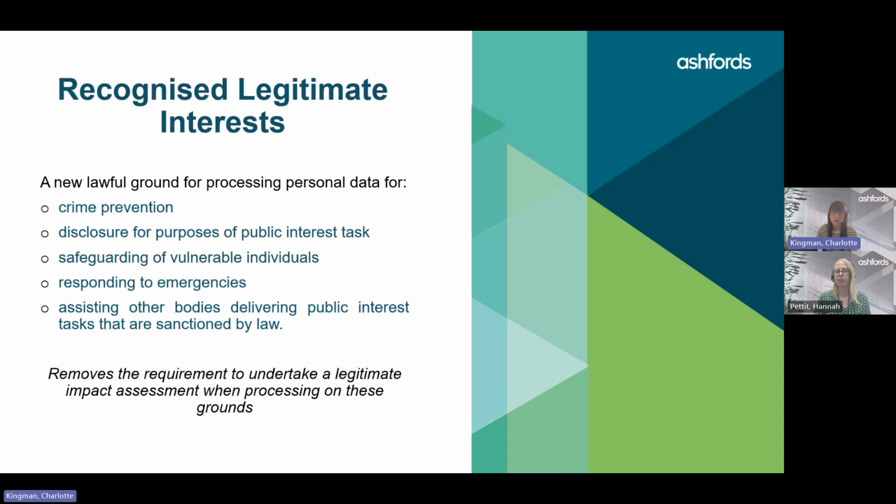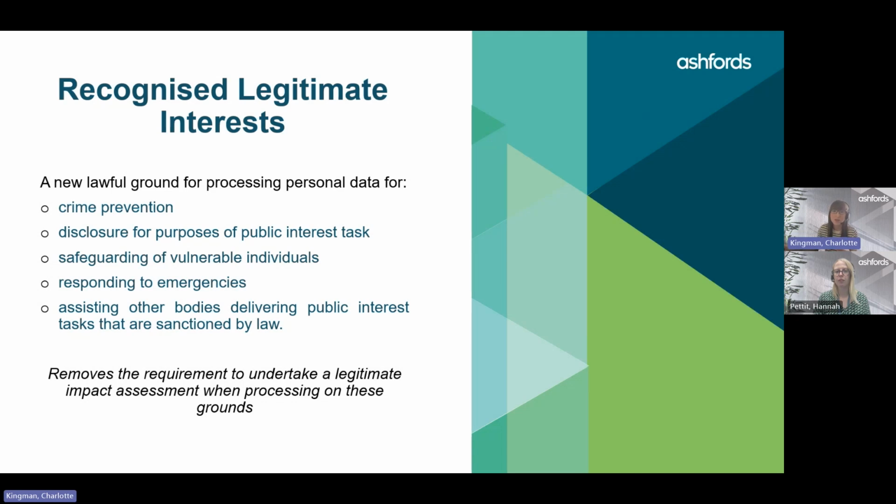Previously, most organisations would have relied on the legitimate interest lawful basis to process data under these headings, whereas now they have categorised these into law, and they've also removed the requirement to undertake a legitimate interests assessment in respect of these types of processing activities.